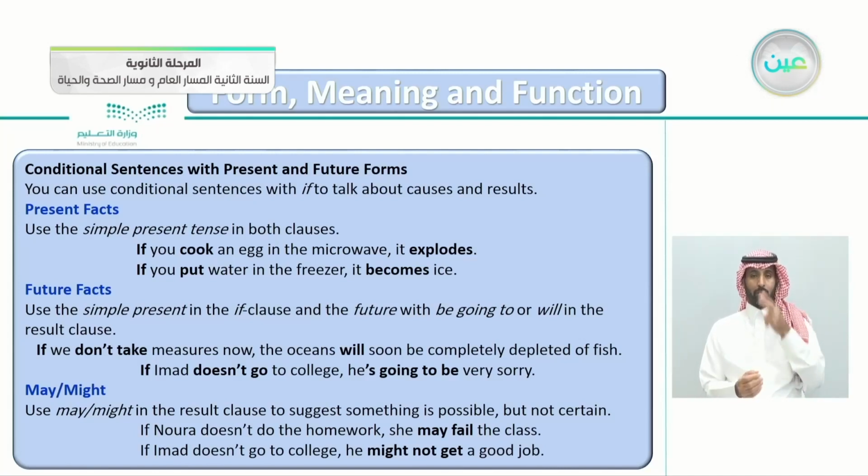Let's look at some examples here. If we don't take measures now, so this is the if clause, we use the simple present. Now we're going to the result clause. The oceans will, this is the future will, the oceans will soon be completely depleted of fish.